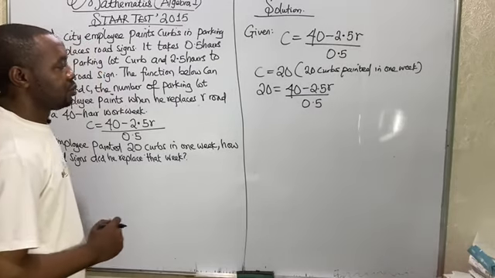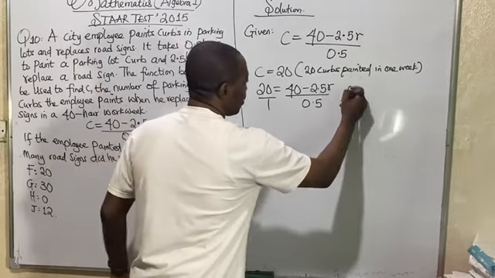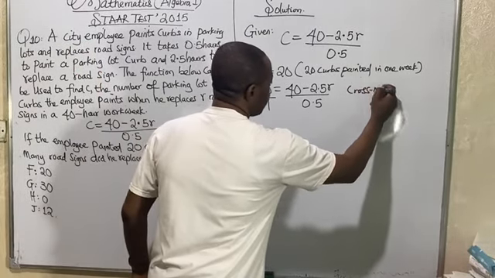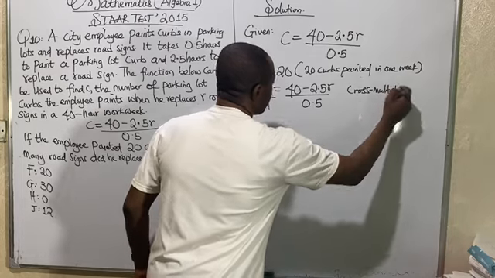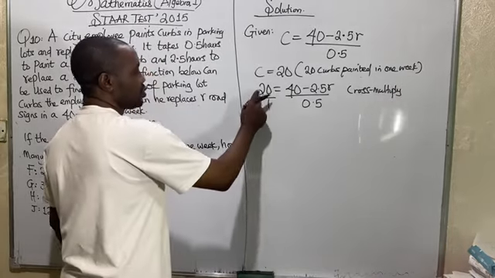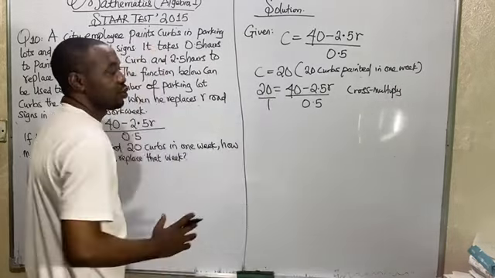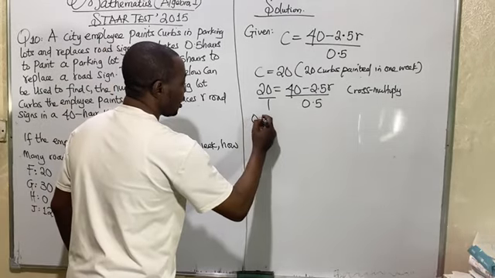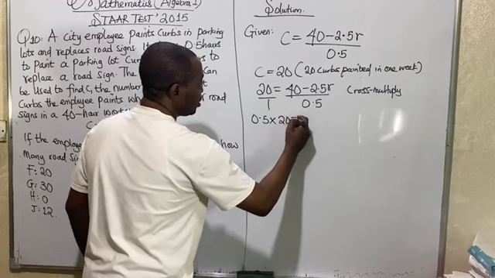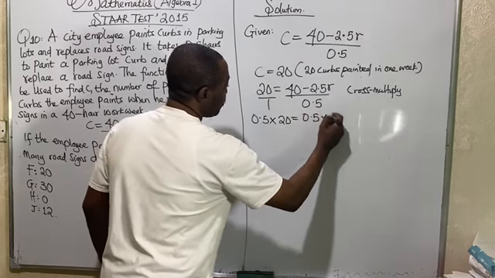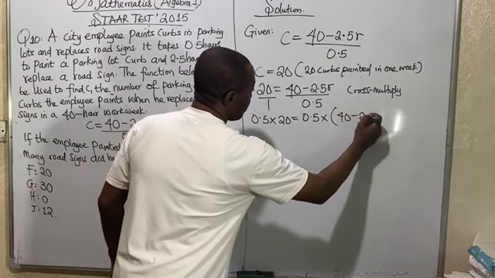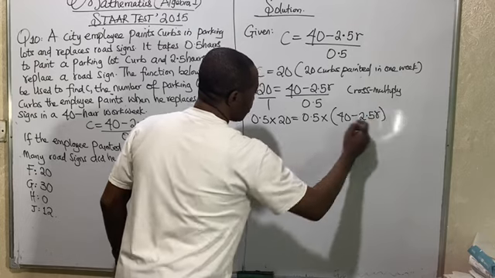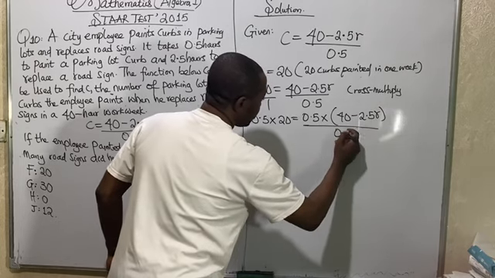Now let's cross multiply. We can just multiply the entire equation by 0.5. So this will be 0.5 multiplied by 20 equals 0.5 multiplied by 40 minus 2.5R over 0.5.